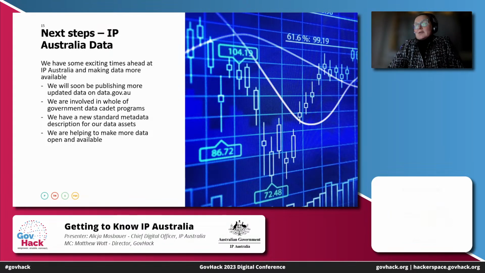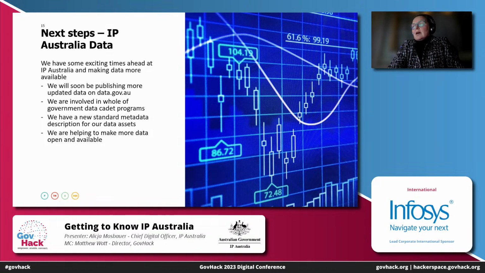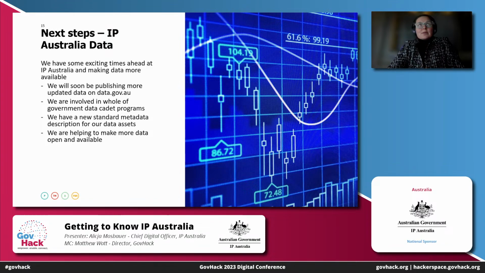So obviously super exciting times in the IP industry around making data more available. As mentioned earlier today, we are looking at publishing more updated data on data.gov.au. So that in itself, that idea sprang from the team looking at the data that we publish and trying to understand what would be more beneficial to the community as a whole in terms of the data that we make accessible.